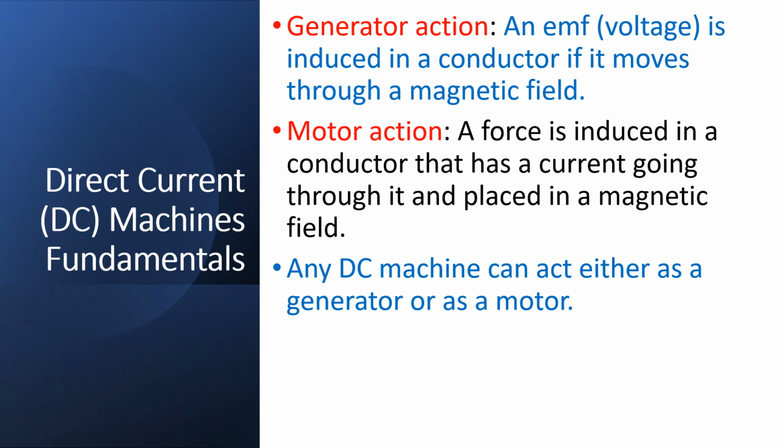For the motor action, a force is induced in a conductor that has a current going through it and placed in a magnetic field. Any DC machine can act either as a generator or as a motor, depending on the purpose of the DC machine.